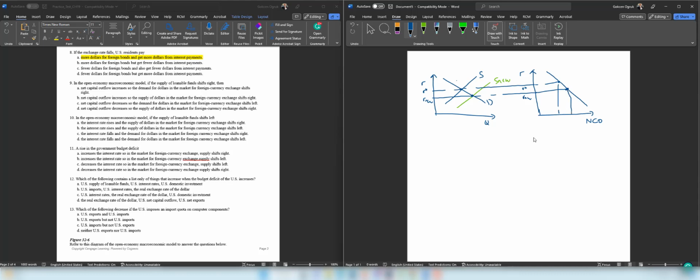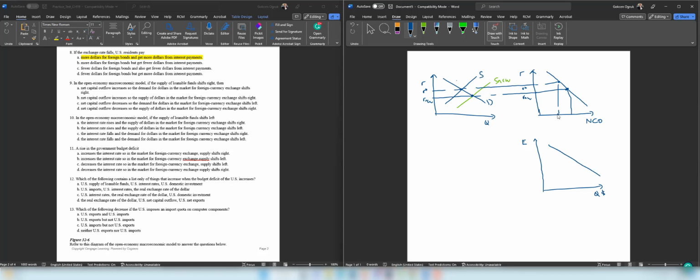And now the last market that we need to draw is the exchange rate market. In the exchange rate market, we have the real exchange rate here, and here we have the quantity of dollars. So we know that the supply is determined by NCO. The demand is determined by net exports. Demand is downward sloping.